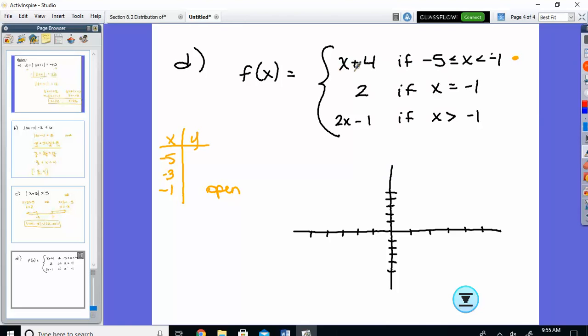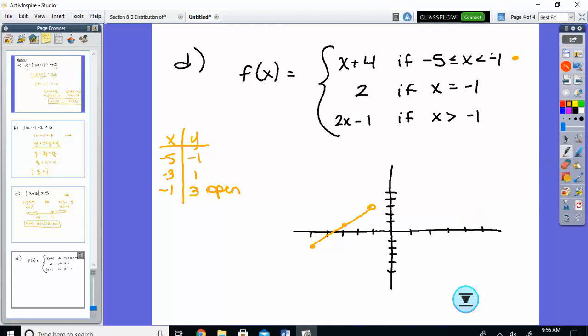Okay, so then if I plug in -5, -5 plus 4 is -1, -3 plus 4 is 1, -1 plus 4 is 3. So -5, -1, that was closed. -3, 1. -1, 3 is open. Because it had 2 endpoints, this is where it starts and stops. It doesn't keep going either direction.